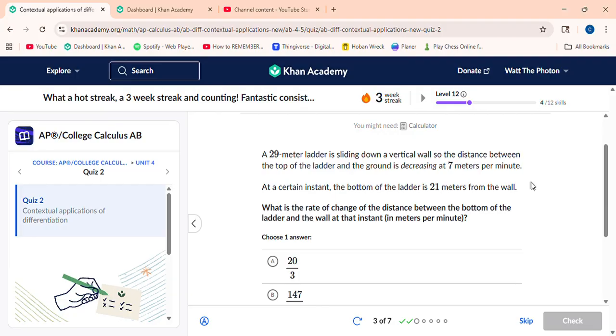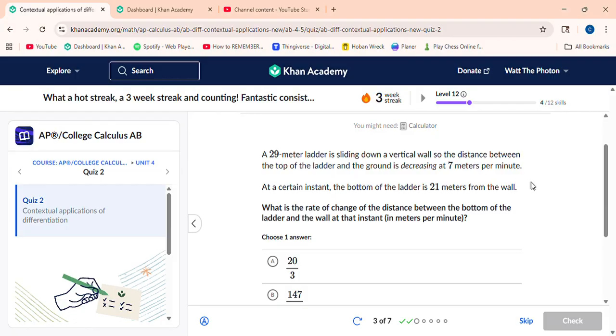The distance from ladder to ground is decreasing at 7 meters. So dh/dt equals negative 7. At a certain instant, the bottom of the ladder is 21 meters from the wall. So the bottom is 21.